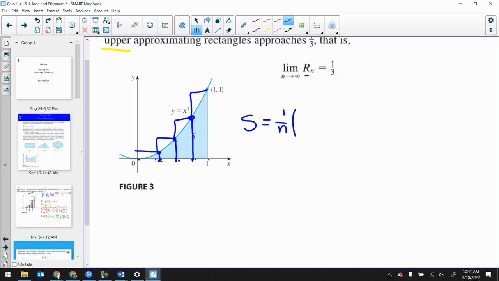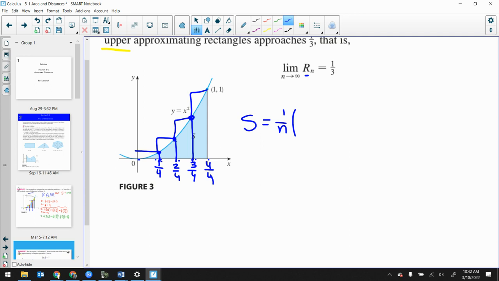Take a look at my first box. What's the x value here? If I cut it into 4 pieces, this was 1/4. If I go to this second place, that would be 2/4, 3/4. I know that's 1/2, but what I'm showing here, this would be 4/4. What's happening to the numerator each time? It's getting bigger by 1, right?